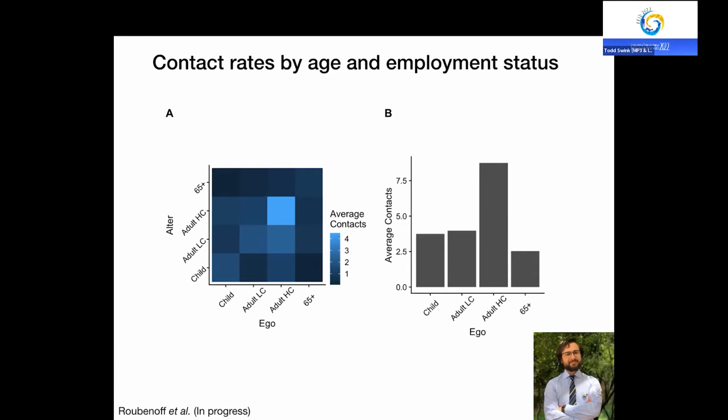And so this has important implications for thinking about vaccine prioritization strategies, particularly if we're thinking about the indirect protection offered by the vaccine, and trying to think about reducing not just mortality, which is one of the key goals of vaccination, but also reducing overall infection burden.